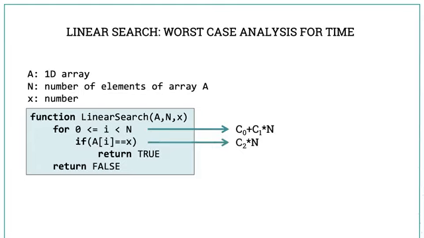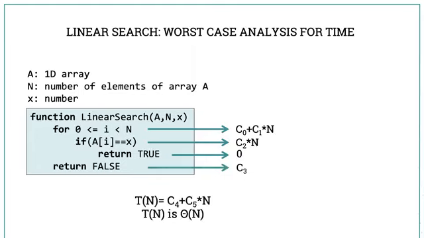The verification of this condition is carried out n times. Each time, a constant number of time units is taken. In the worst case, this return is never executed, and finally, this return instruction takes constant time. So, in the worst case, linear search is theta n.